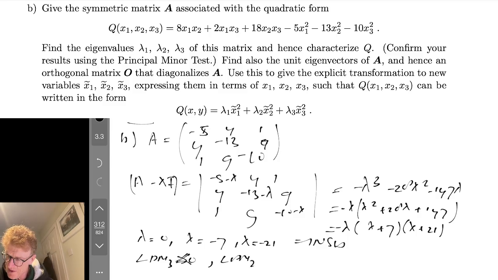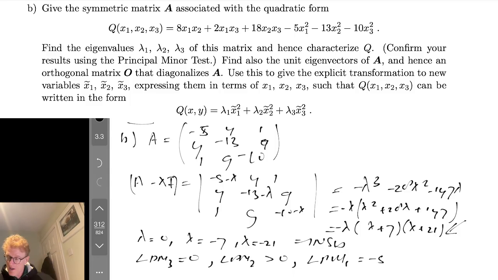LPM 2 is bigger than 0, which is easily seen. LPM 3 is actually 0, because there is no constant here, so you've already calculated that. LPM 2 is easy to see, there's 65 minus 16, so that's bigger than 0. And LPM 1 is minus 5.